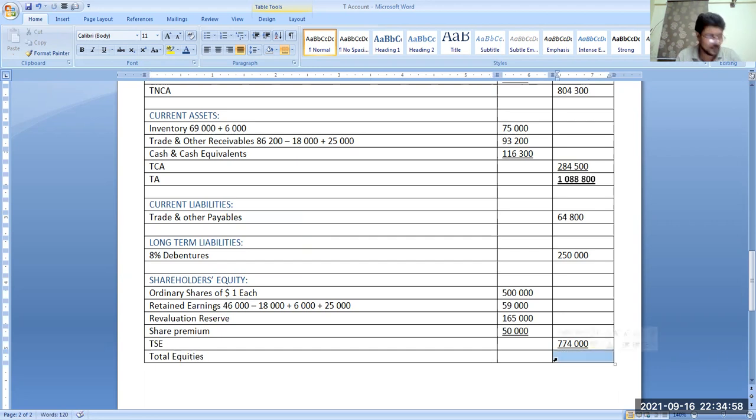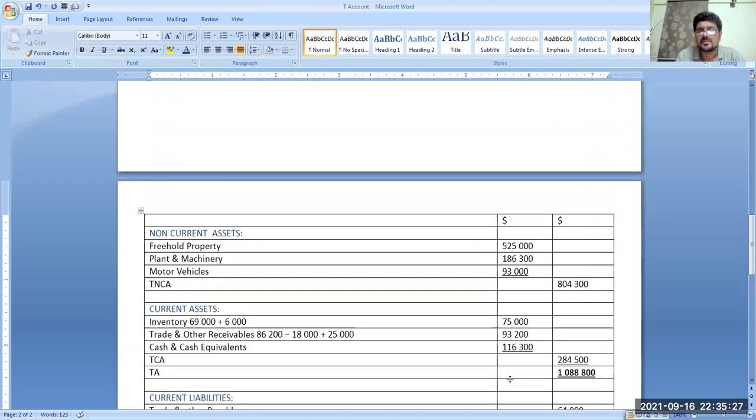That must be equal to 1,088,800. 64,800 plus 250,000 plus 774,000. Okay, it's done. 1,088,800. Done. This is the balance sheet.